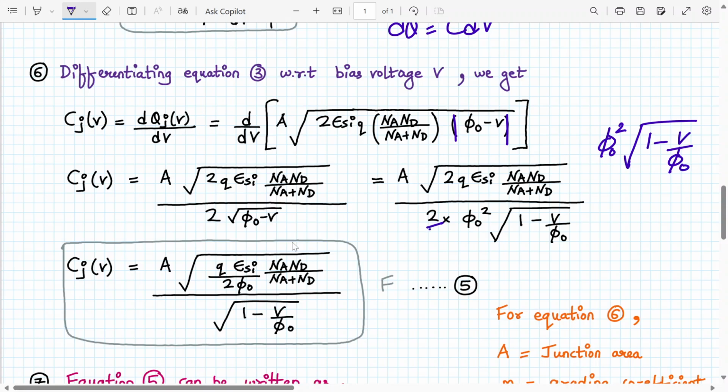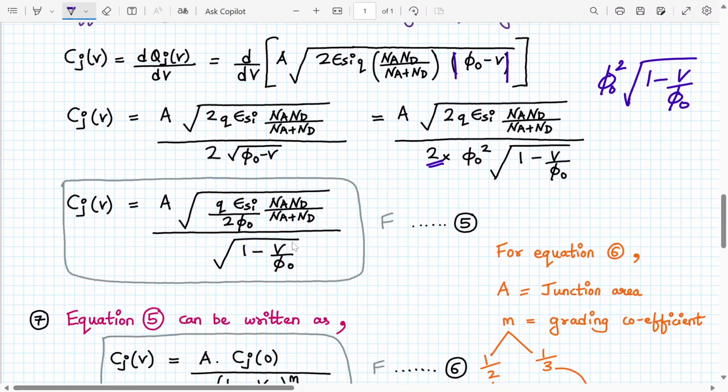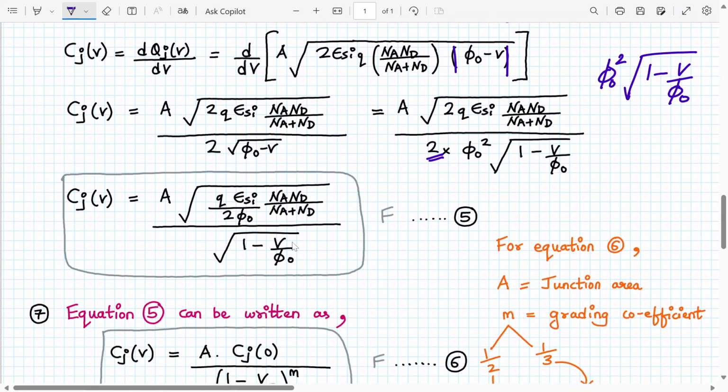Now, if I divide phi naught in the numerator and denominator and take it into the numerator, phi naught square becomes phi naught. And this 2, if I take it inside, it was multiplied by 2 here, it will become a divide. So this is the formula we get.